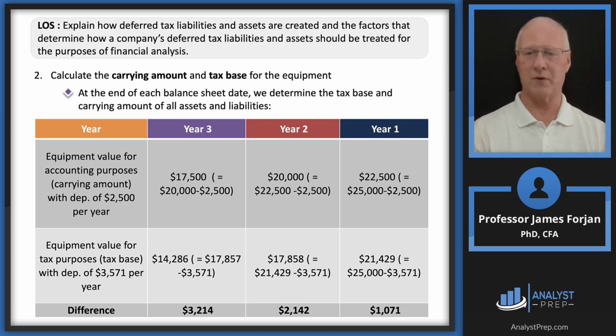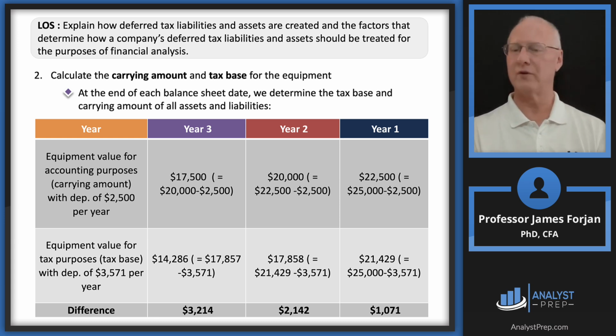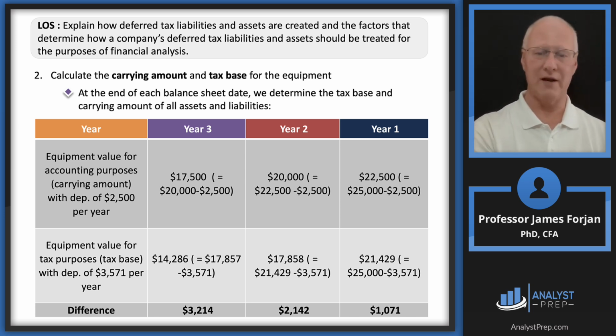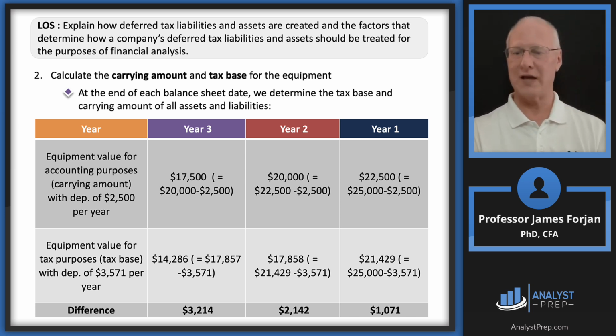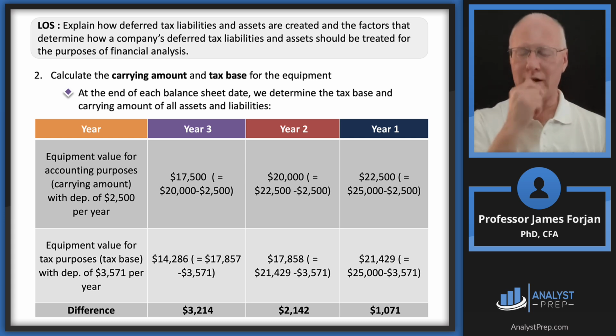You might want to just pause the video quickly just so you can verify that those answers are correct. But then what happens? Down here for the tax base, we're taking 25,000 minus the 3,571 and getting 21,429, and then we're doing it again, and then we're doing it again. So the difference starts out in year 1 of 1,071. Excuse me.